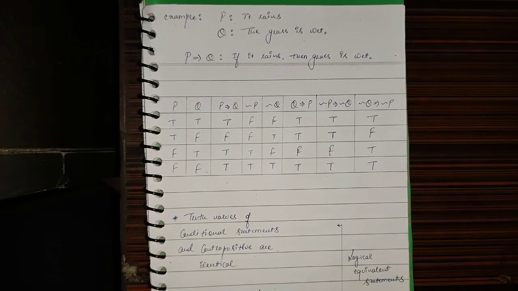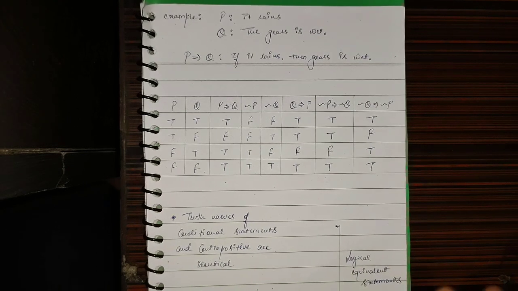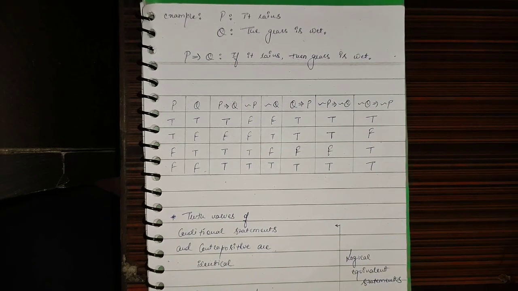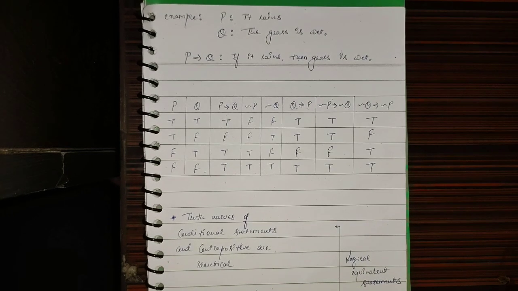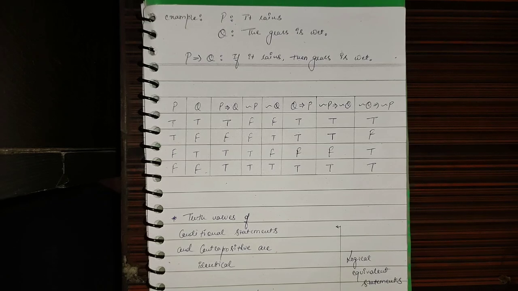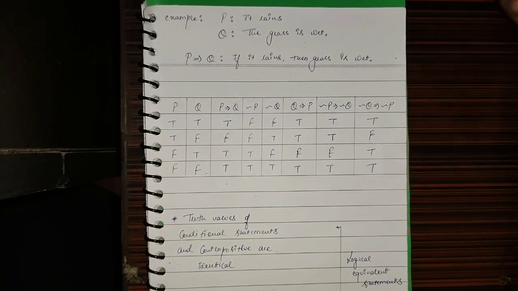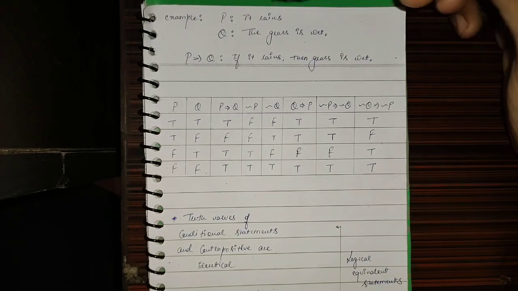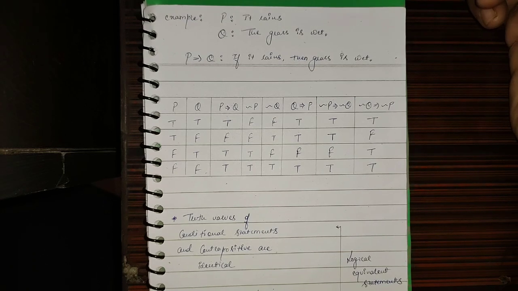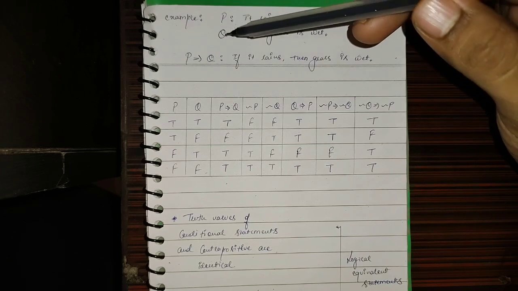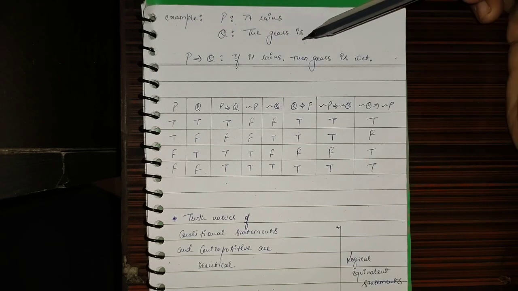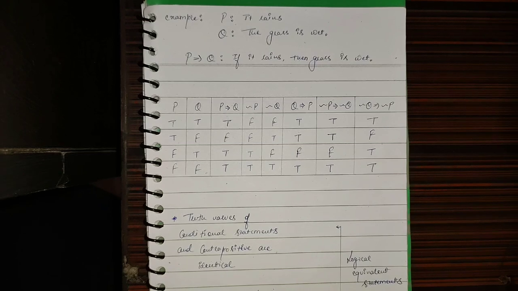Now, using the same example, let's see how the converse, inverse and contrapositive of a conditional statement look in the truth table. We have taken the same example: P was defined as "it rains," Q was defined as "the grass is wet." Then P implies Q would be "if it rains, then the grass is wet."